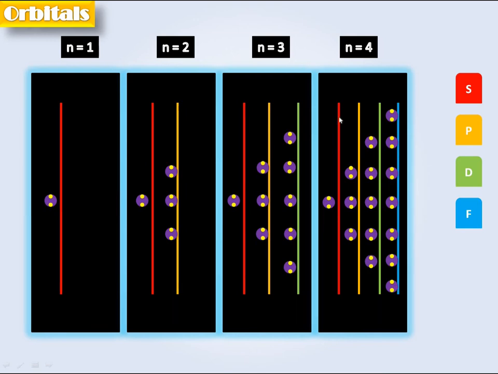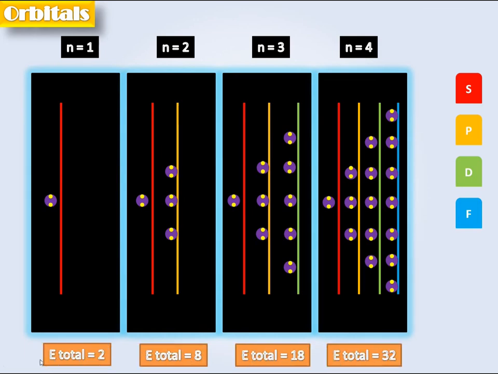So this one has all the sublevels, because it's the highest energy level in this diagram. It has energy level n equal to 4. Because it has energy level 4, if you fill up all the sublevels with electrons, you're going to have a total of 32 electrons. You don't believe? Check this out.